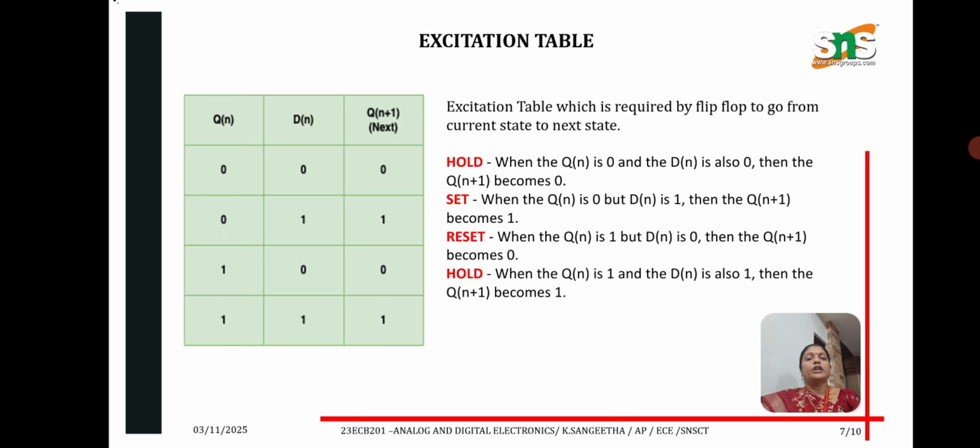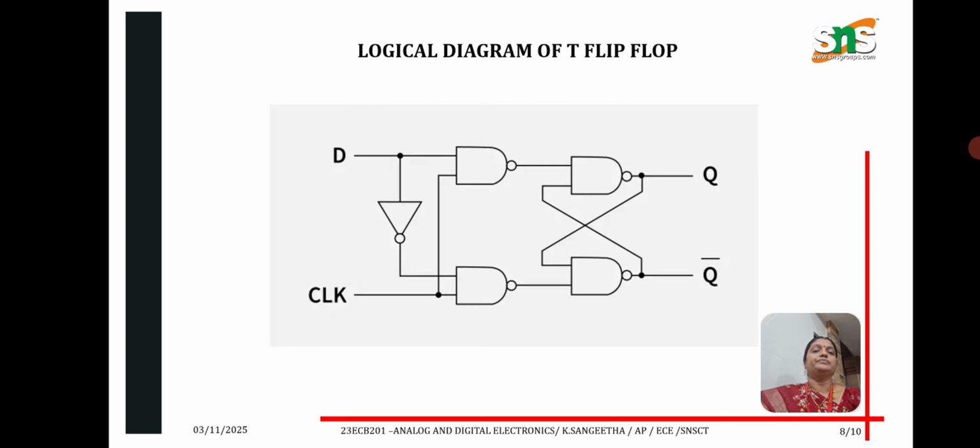And when Q of n is equal to 1 and D of n is equal to 0, the next state is 0. So it is called the reset state. And if Q of n is equal to 1 and D of n is equal to 1, the output is 1, that is, it is held at its previous state, that is the hold state. This is the excitation table of the D flip-flop.